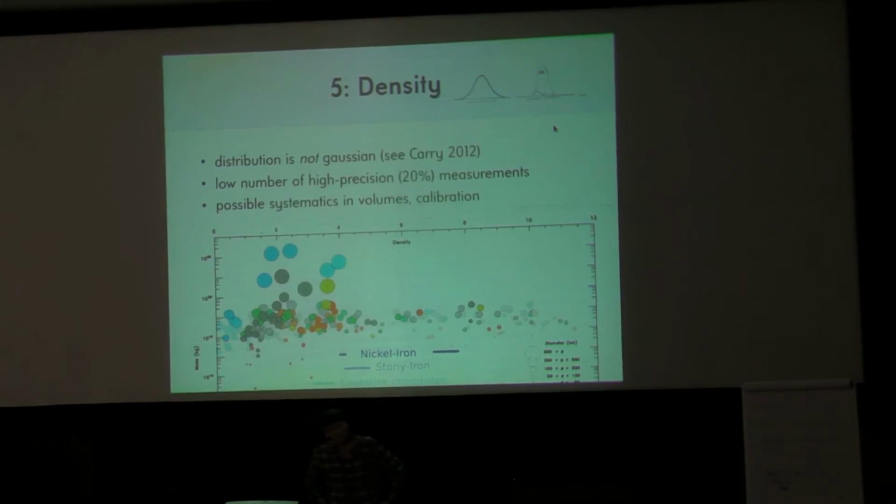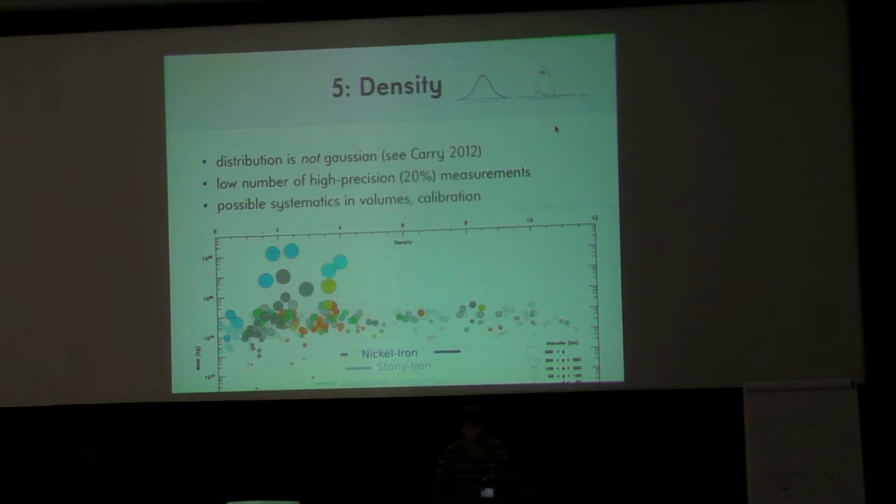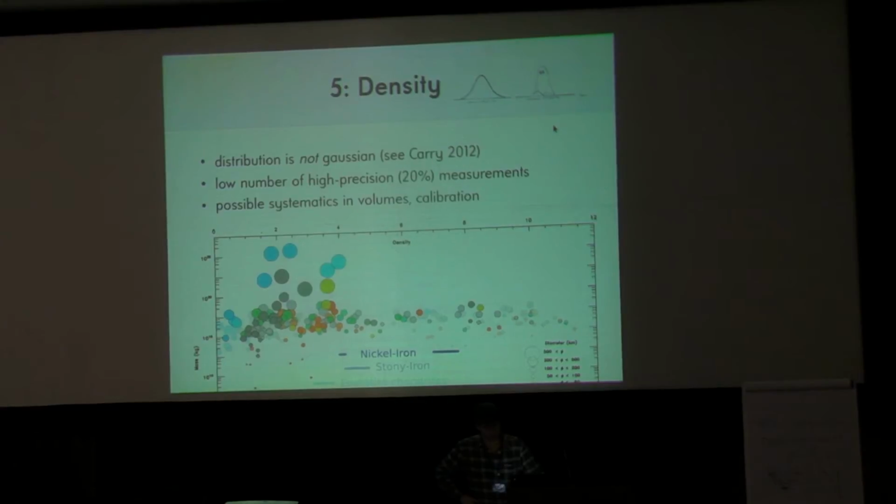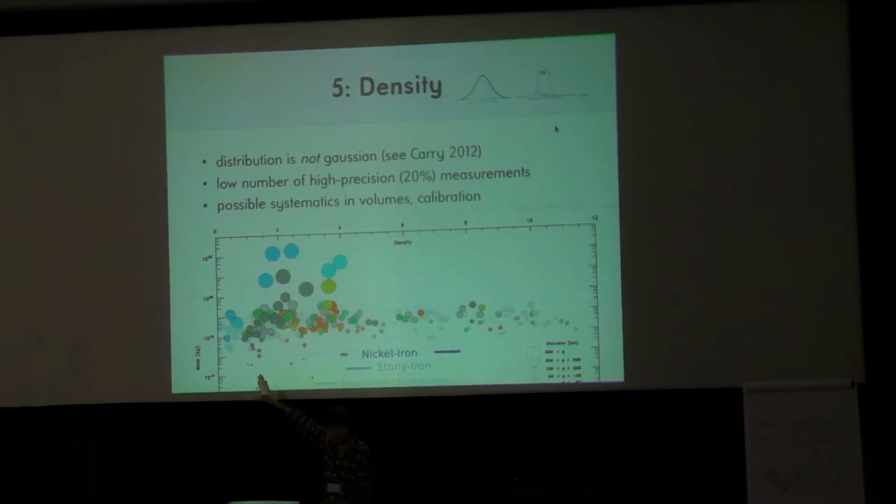Number 5, density. Something which was discussed by Paolo this morning, so let's not spend time. I just want to emphasize the distribution of densities, if you focus on the high precision measurements, these are from Carry et al. If you focus on the dark gray dots, for example, these are better than 20% certain measurements.